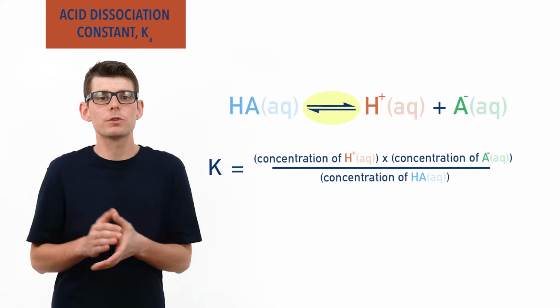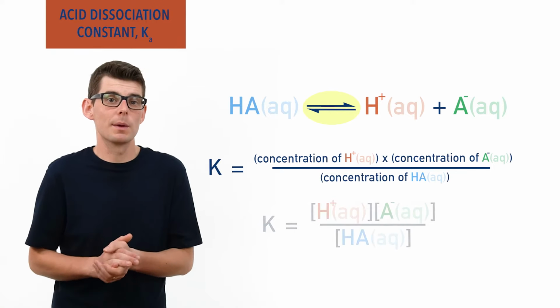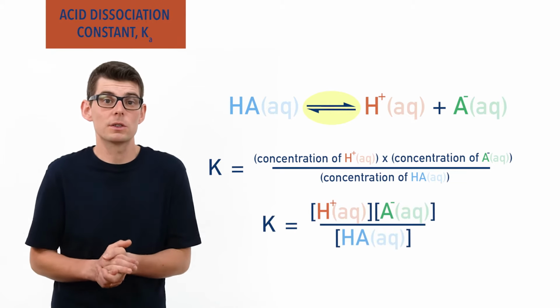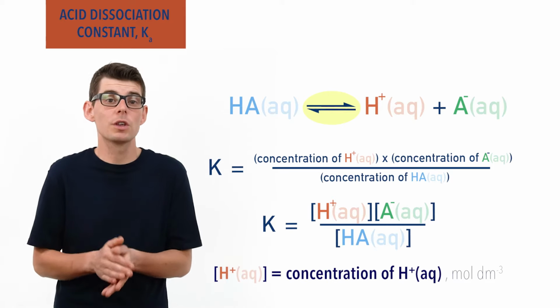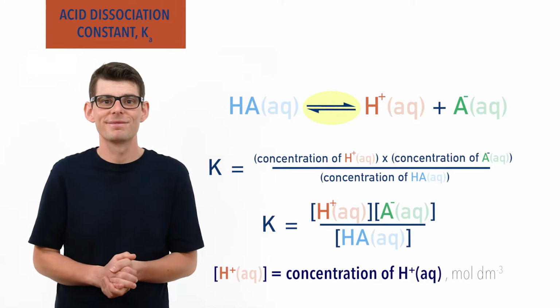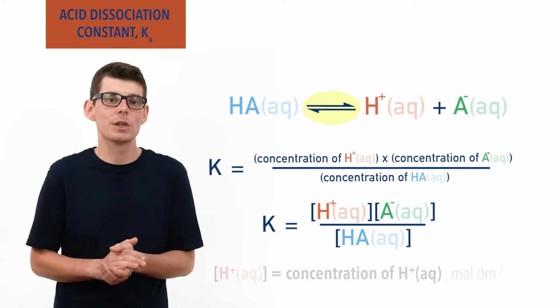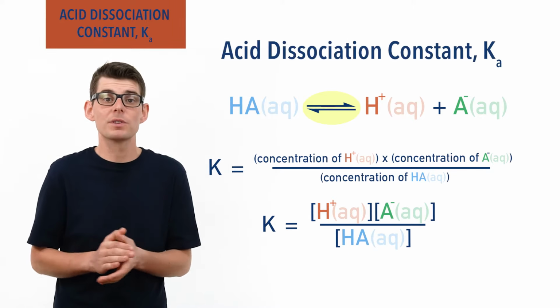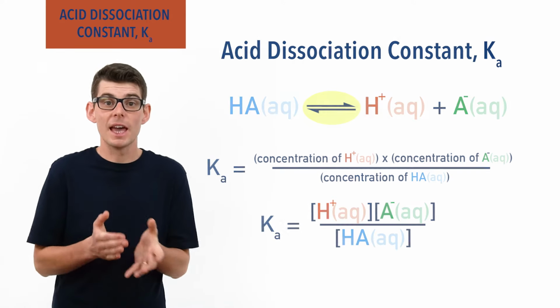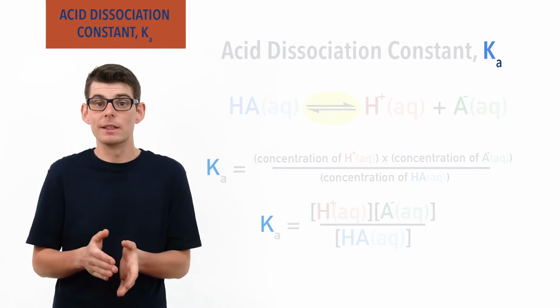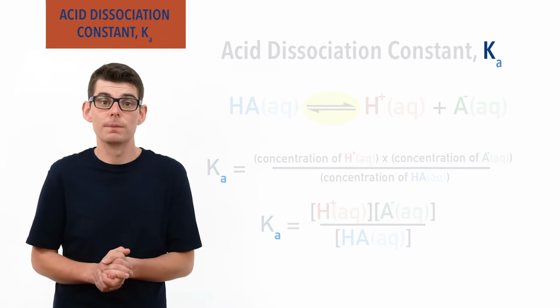When writing concentrations in formulas, we use square brackets, meaning H+ in square brackets means concentration of H+ ions. The value obtained is referred to as an acid dissociation constant and is represented by Ka. K meaning equilibrium constant and the little a acid dissociation.